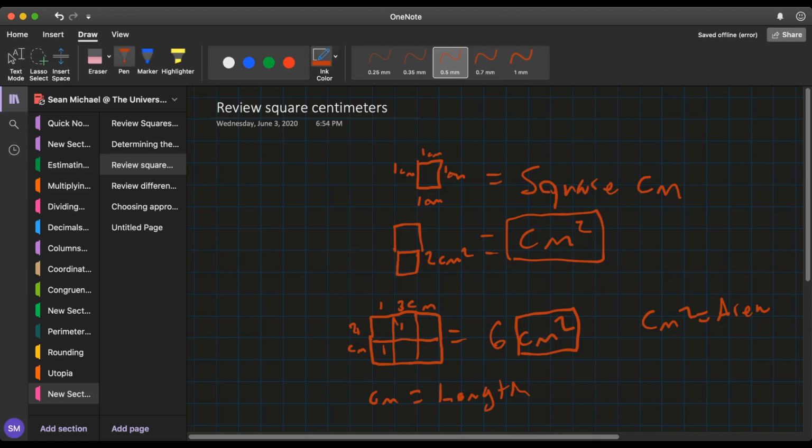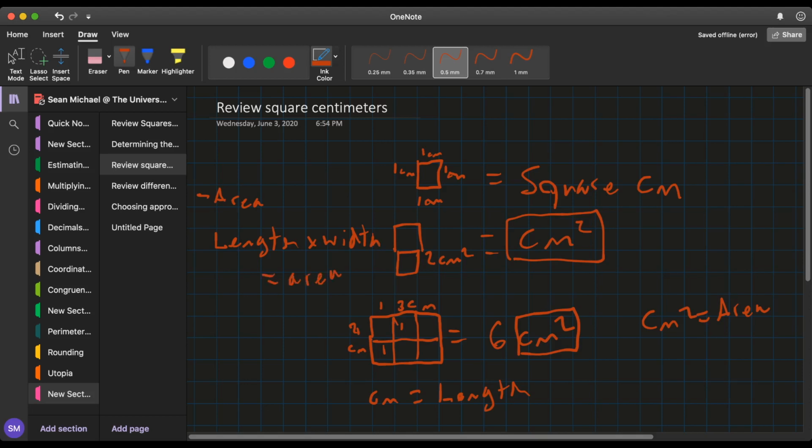Now something that we're going to learn tomorrow, but I thought this is a good place to learn it, is that area, the way we find area for a simple rectangle like this, is you times the length times width, and that equals area.